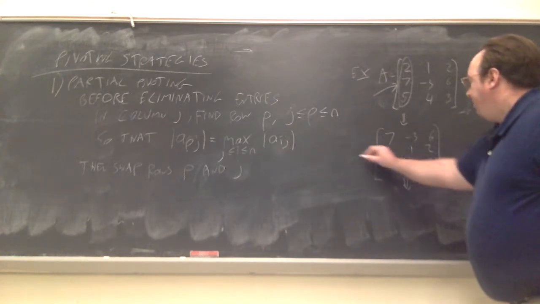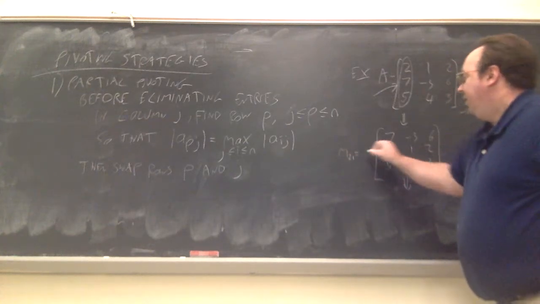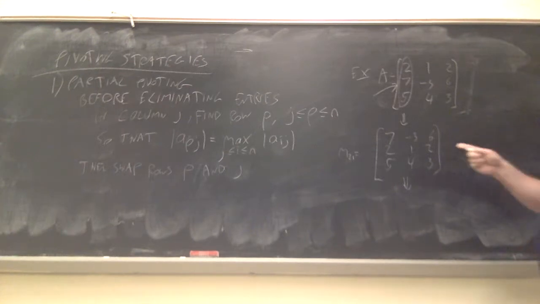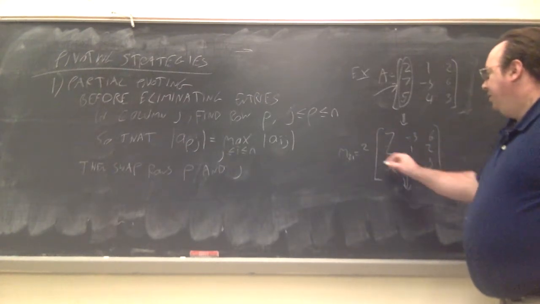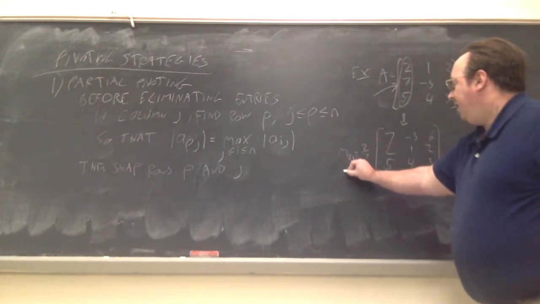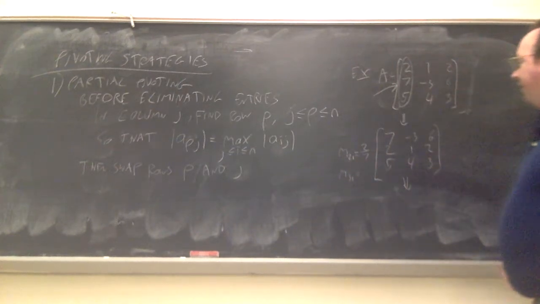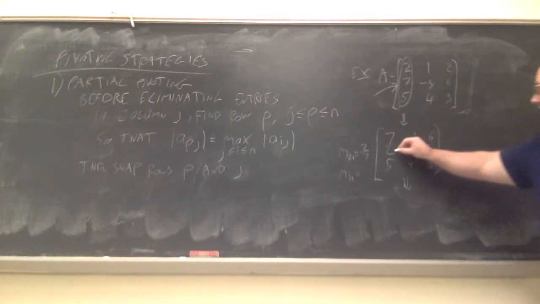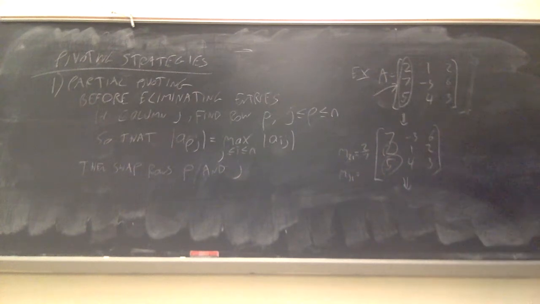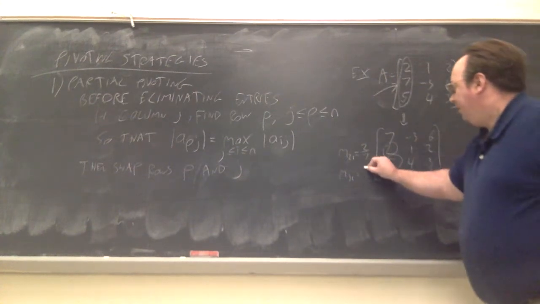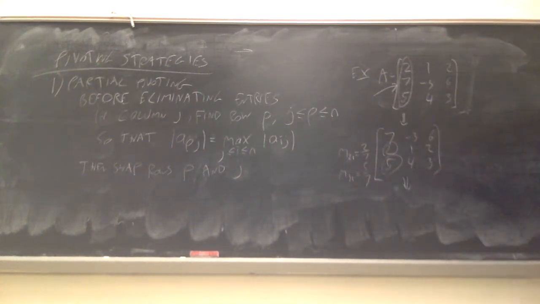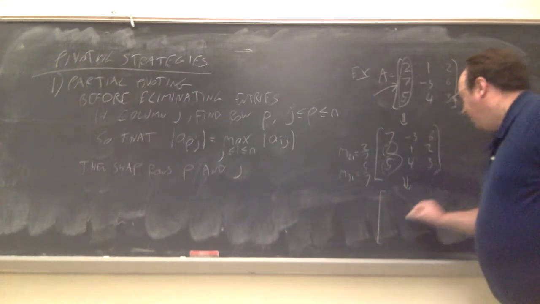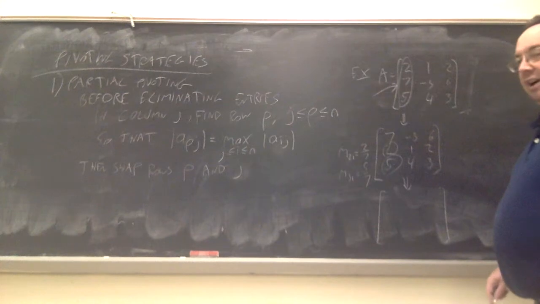So the multiplier for the 2, 1 entry is going to be 2 over 7, and then what's the multiplier for entry 3, 1? Because we're going to eliminate these. 5 over 7. Right. Okay. So now when you carry that out, of course, arithmetic-wise, it's going to be a pain.